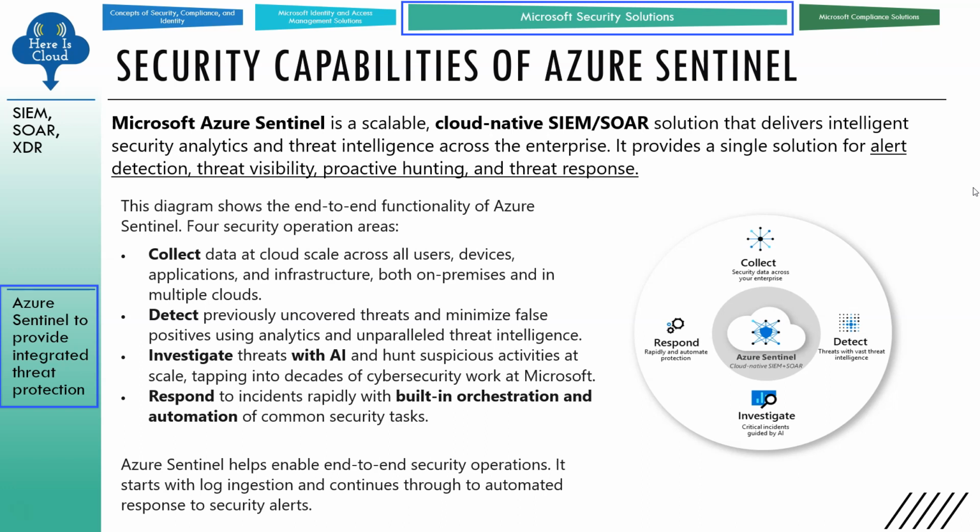Collect data at cloud scale across all users, devices, applications and infrastructure, both on-premises and in multiple clouds. Detect previously uncovered threats and minimize false positives using analytics and unparalleled threat intelligence. Investigate threats with AI and hunt suspicious activities at scale. Respond to incidents rapidly with built-in orchestration and automation of common security tasks.